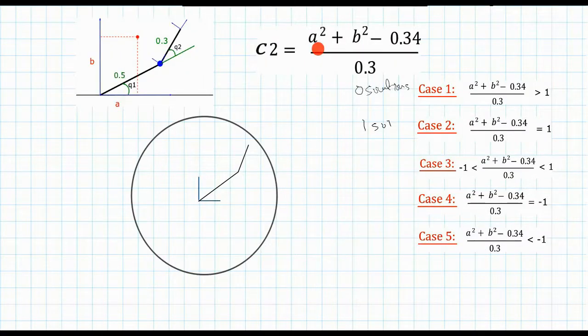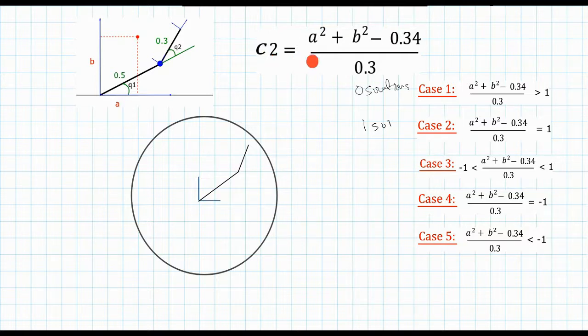Okay, case 3. If this term is actually less than 1 but also greater than -1, now we have cosine of q2 which equals something that is between -1 and 1. So then q2 can be cosine inverse of this thing, right?